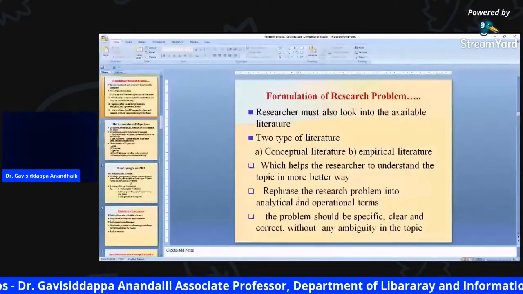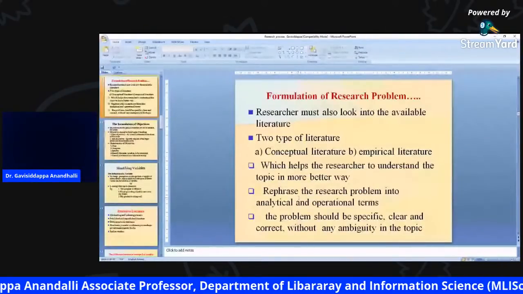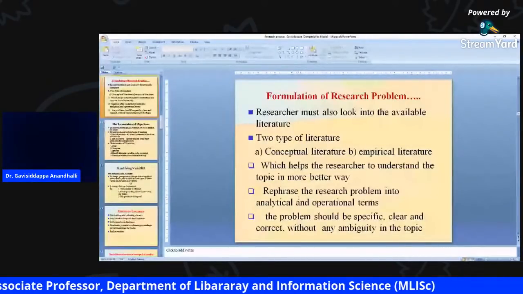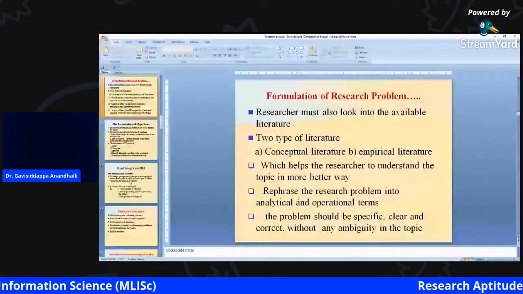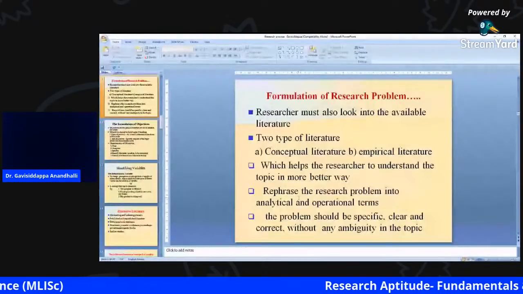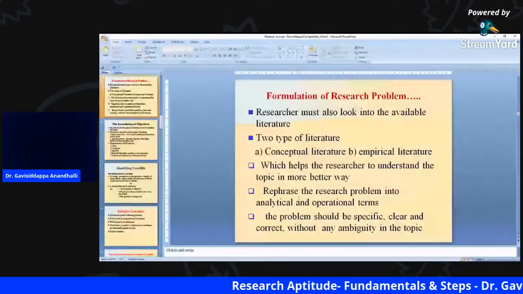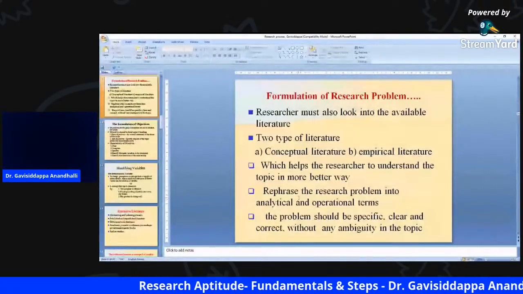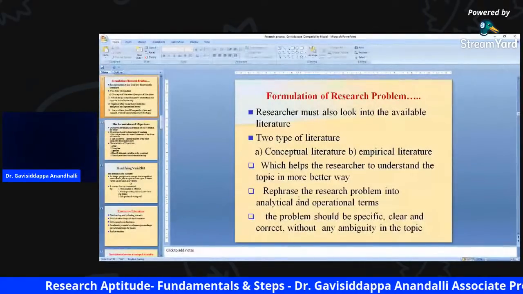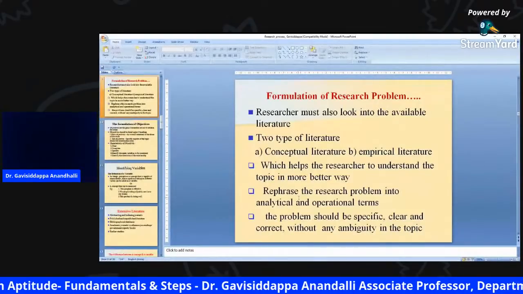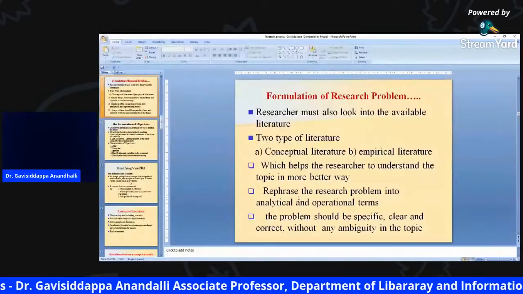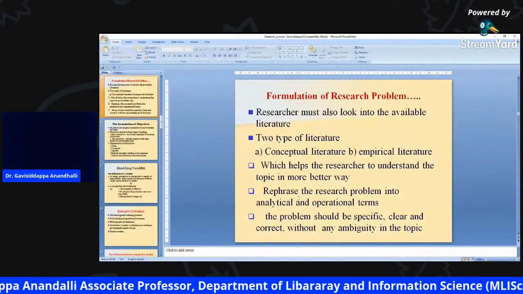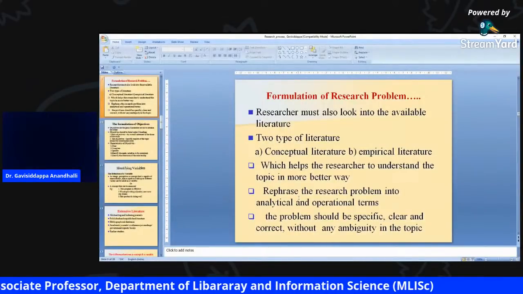It should be specific, it should be correct, it should be clear, it should not contain any kind of ambiguity in the topic. I said that if you select the right topic for research, 50% of your research work is completed. That means 50% of the research is more or less over in the selection of the right topic. The remaining 50% is only for the designing, collection and analysis.